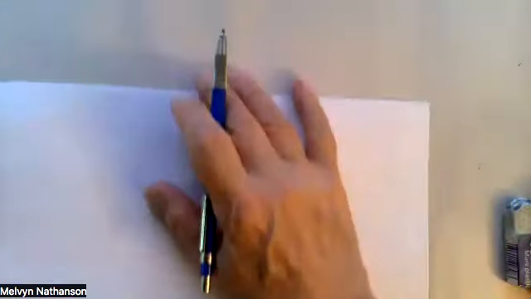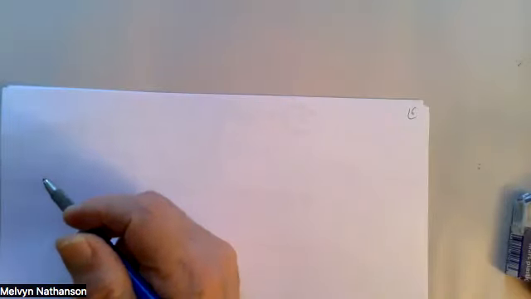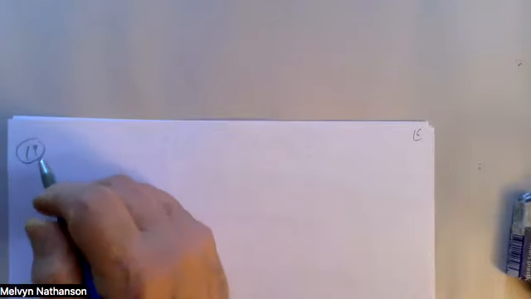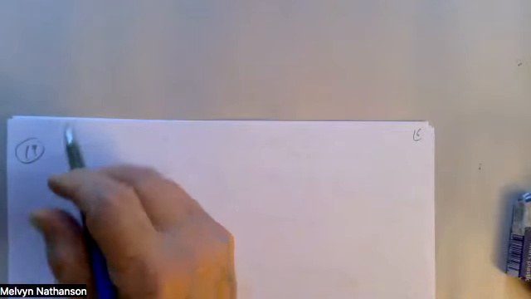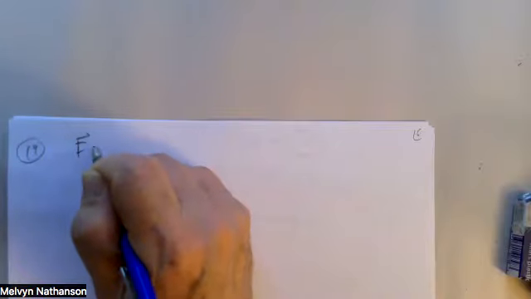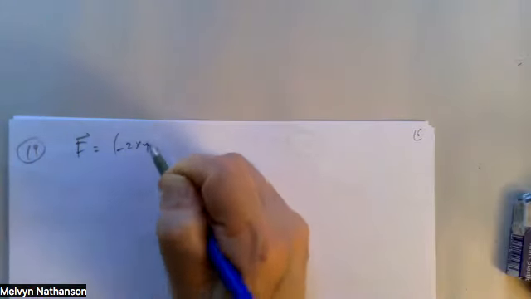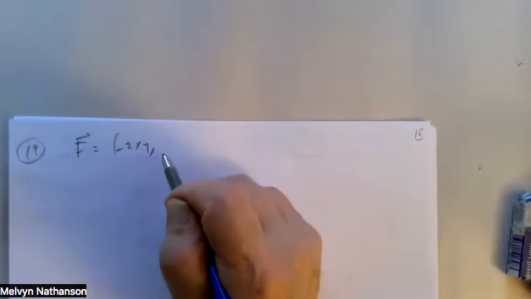I'll do another problem. There's skill involved here, or technique, that you have to develop. Let me look at problem number 19 in section 17. So here my vector field is minus 2xy comma x squared.